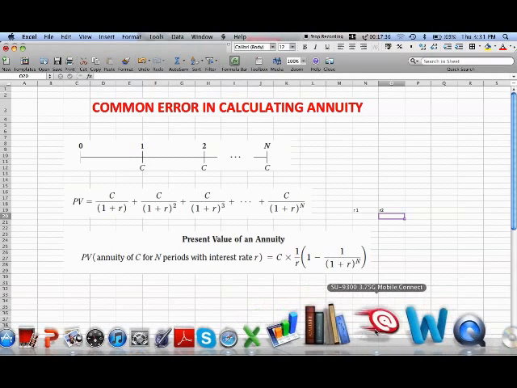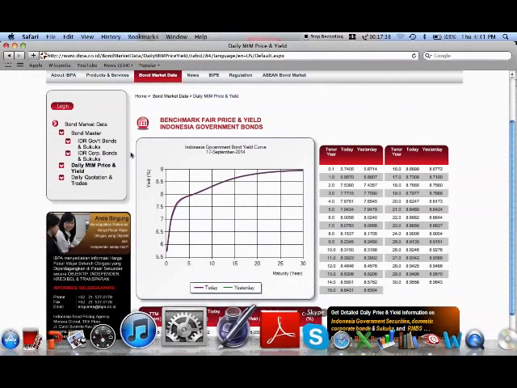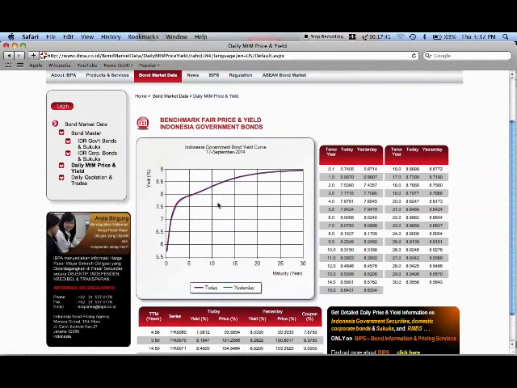But this is a bit problematic, because if you go back to this Indonesian government bond yield curve, we do know that in the market, the interest rate for the first year, second year, third year and fourth year is not the same. So it's quite conflicting. Some people try to push to use one rate.